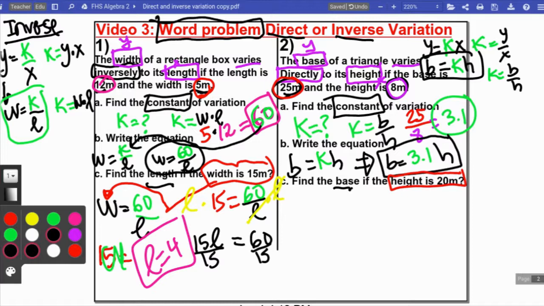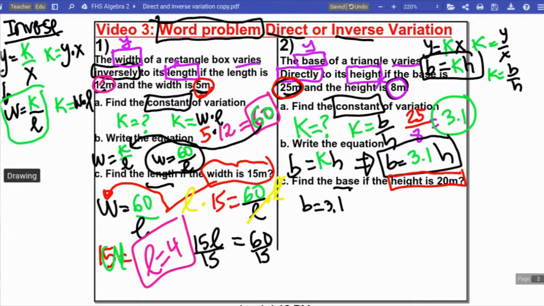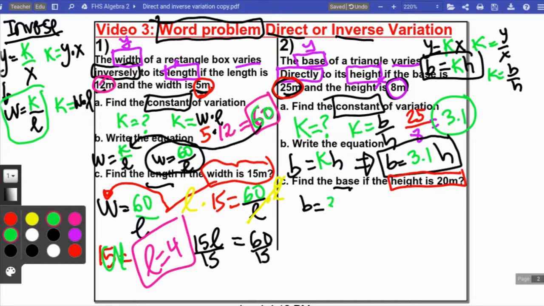First, you always start by rewriting your equation. B equals 3.1 times h, and I rewrite that in green for some reason. They want me to find the base when the height is 20.